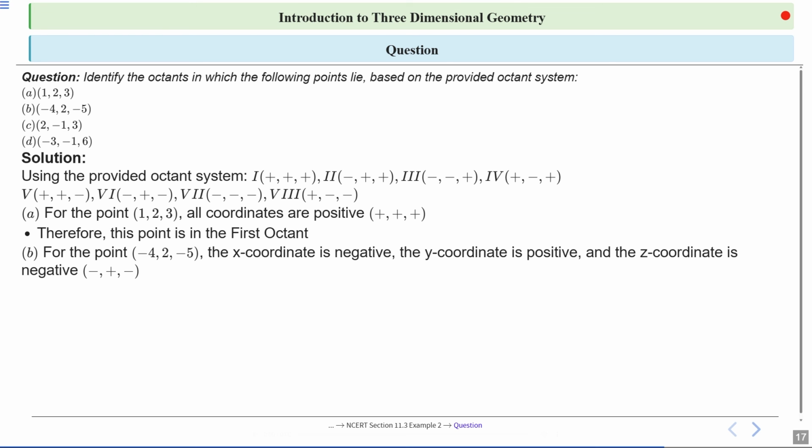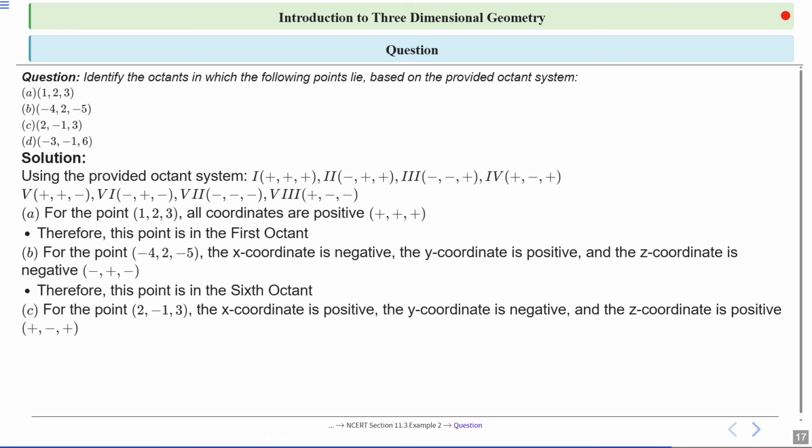Here x is negative, y is positive and z is negative. That means minus, plus, minus. So therefore this point is in the sixth octant.